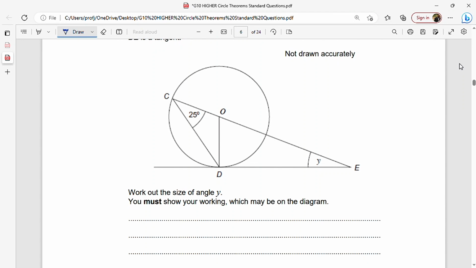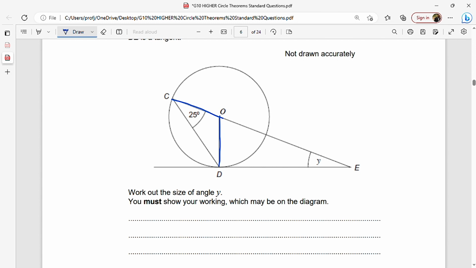It says work out the size of angle Y in this diagram. Working out the size of angle Y in this diagram is quite easy. Look at this line CO. Look at this triangle. This is a radius. This is a radius, right?